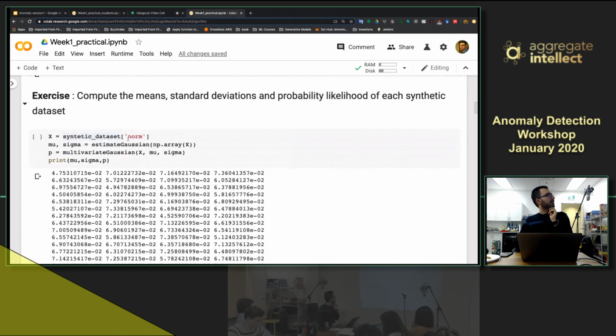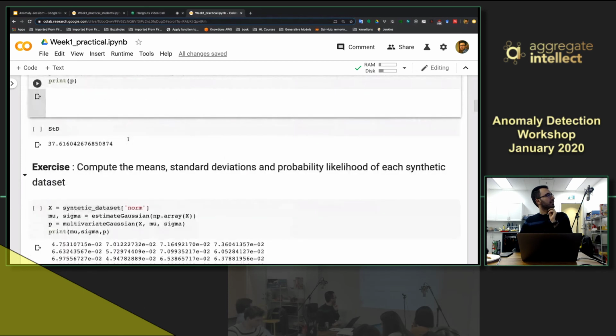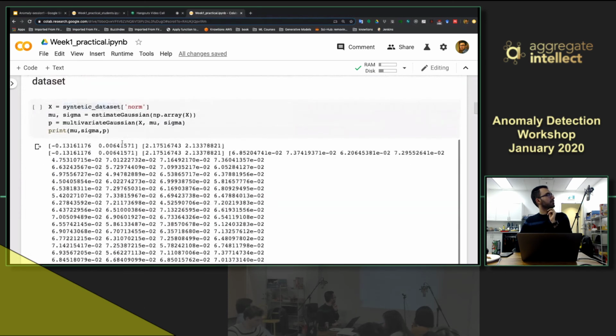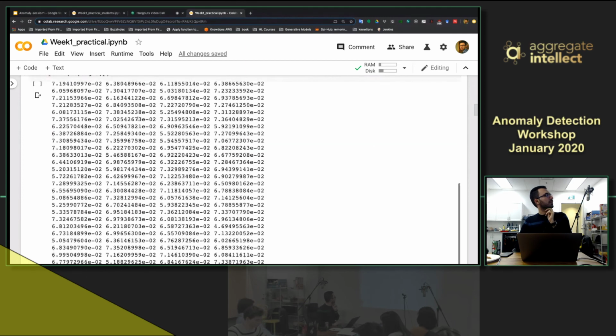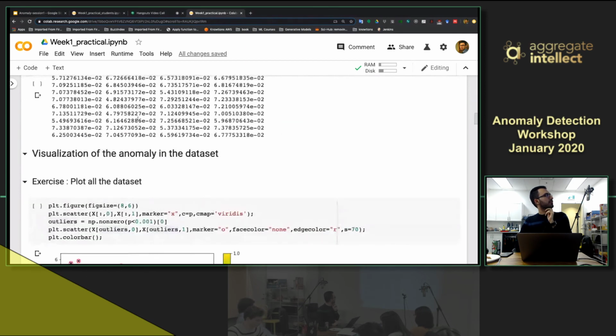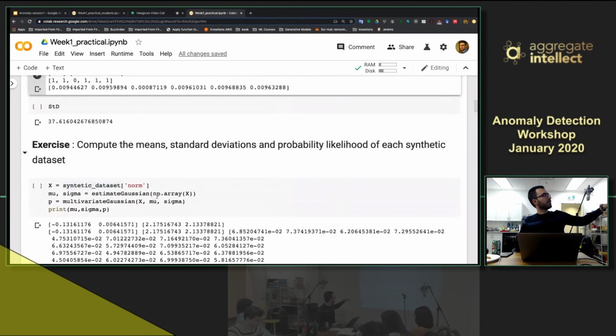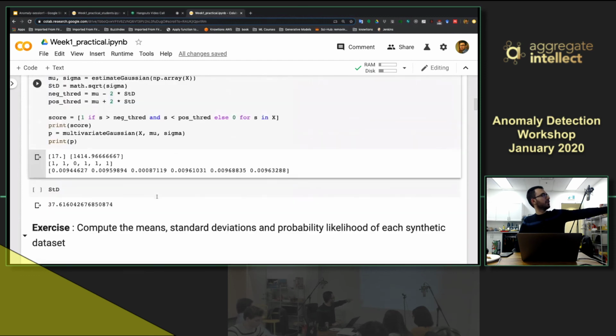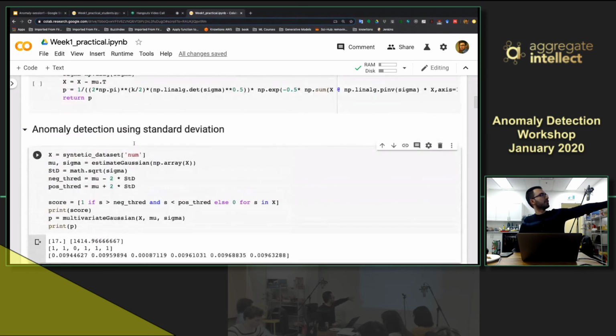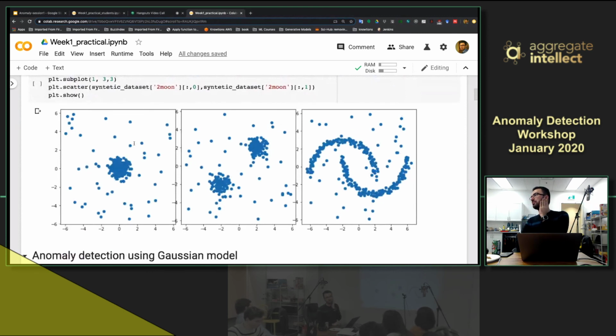Second one. You have 3 synthetic datasets, and you have 2 functions: one which can compute the mu and sigma, and the second one can give you the probability. What I want you to do is find anomalies using these 2 functions on these 3 datasets. Can you fit a Gaussian model on these 3 and see what kind of anomalies it will cover?